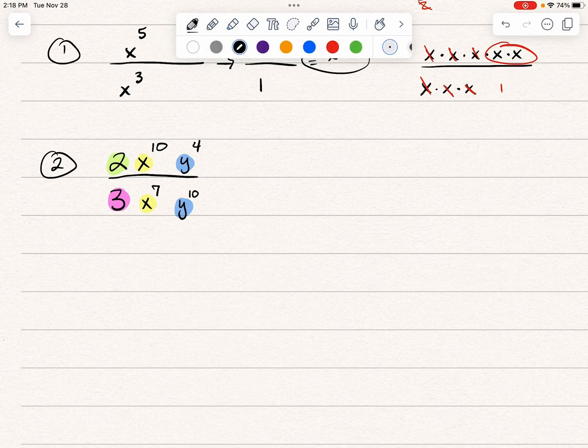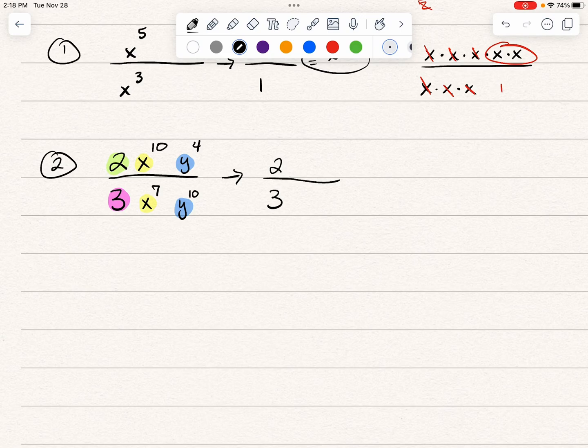We can only work with those that have the same base. You have 2 over 3, and there's nothing we can do to simplify that fraction, so we're going to leave this as 2 over 3.